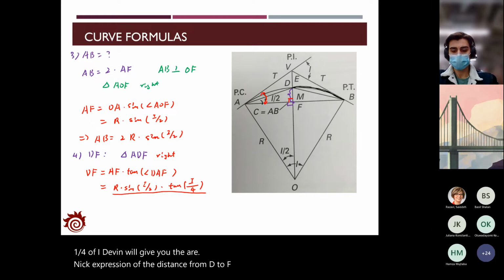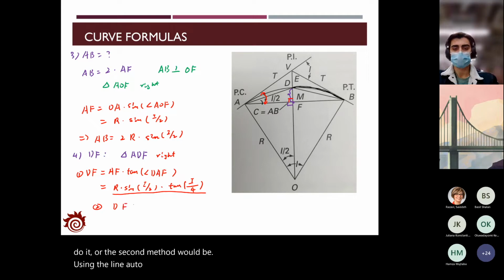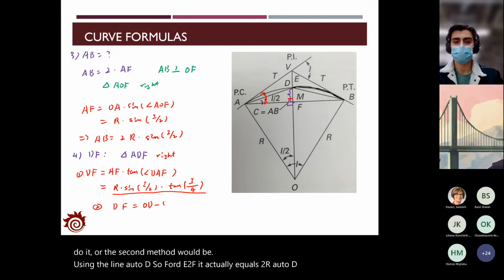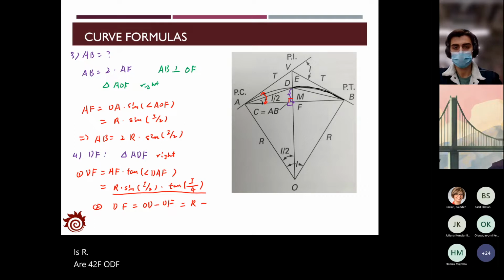Of course, you have another way to do it. The second method would be using the line O to D. So for D to F, it actually equals to O to D minus O to F. And O to D is R. For O to F actually equals to R times cosine half I. So that is R times cosine the angle of AOF.